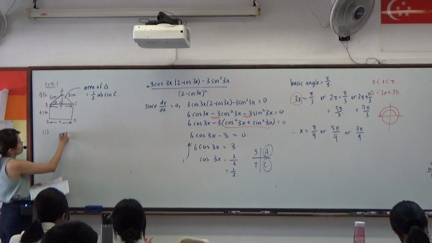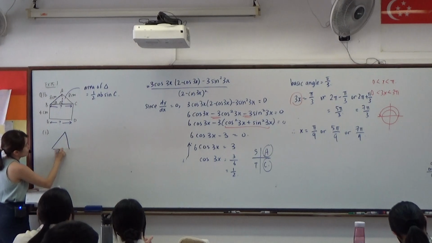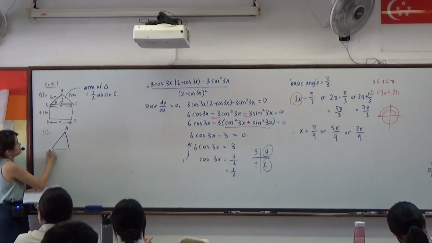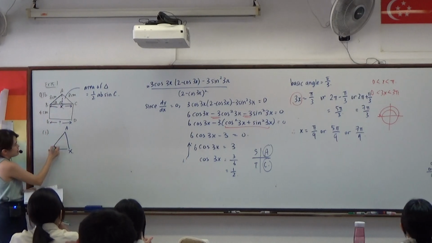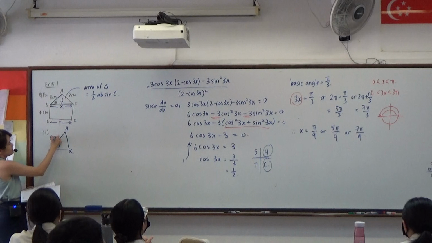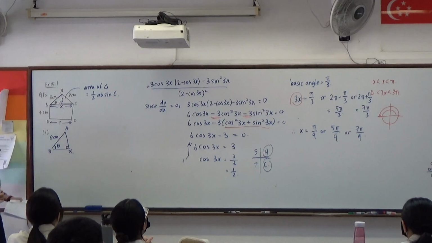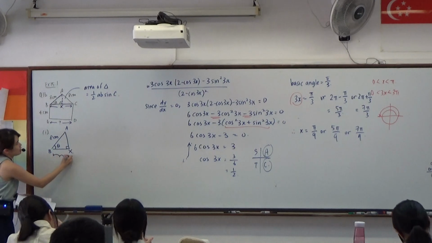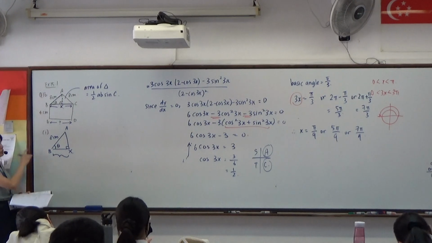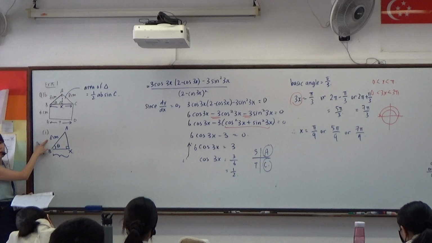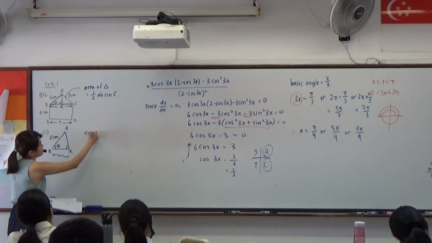Okay, so if I were to focus on this right angle triangle, AB, maybe I'll mark the halfway point here, X. This is angle theta, we know this is 8 cm. BX is actually half the value of BC. Using my trigonometry, this is your adjacent side and hypotenuse, we can use cosine.